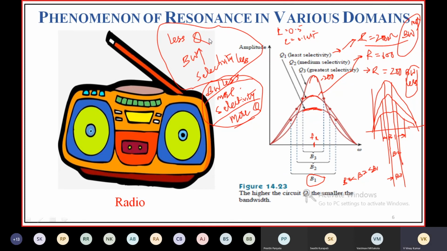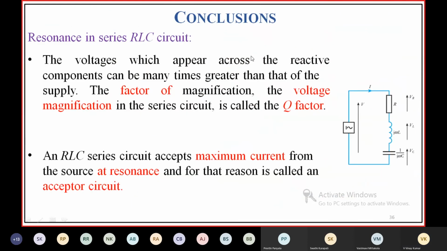Bandwidth is more means Q factor will be less. Less selectivity is because of what? High resistance. Coming to conclusions: as VL is equal to Q into V, VC is equal to Q into V, it represents that the series RLC circuit magnifies voltage.